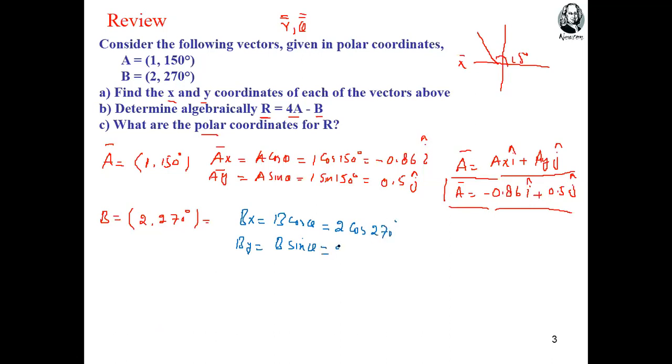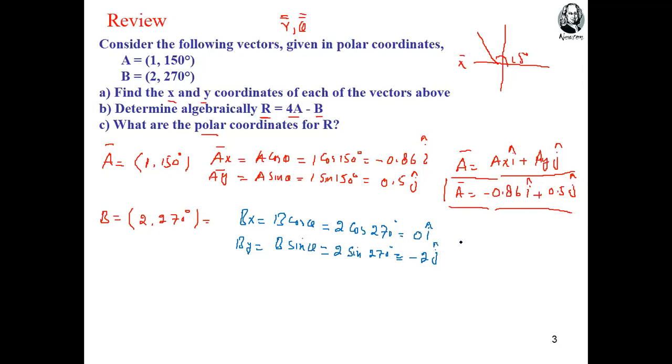Same, 2 into sine of 270 degrees. So find cosine 270 degrees and then multiply with 2. Cosine 270 degrees is equal to 0. 0 multiplied with 2 equals 0, so 0i. Same, we have sine 270, which is minus 1. Sine 270 equal to minus 1 multiplied with 2 equals minus 2j.